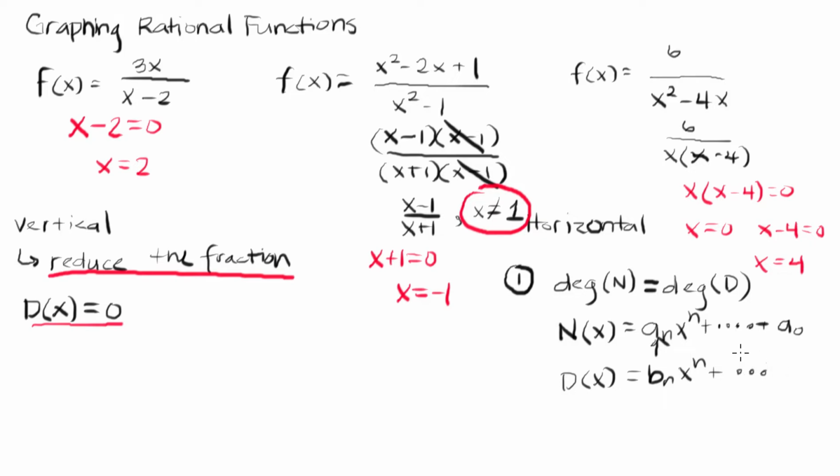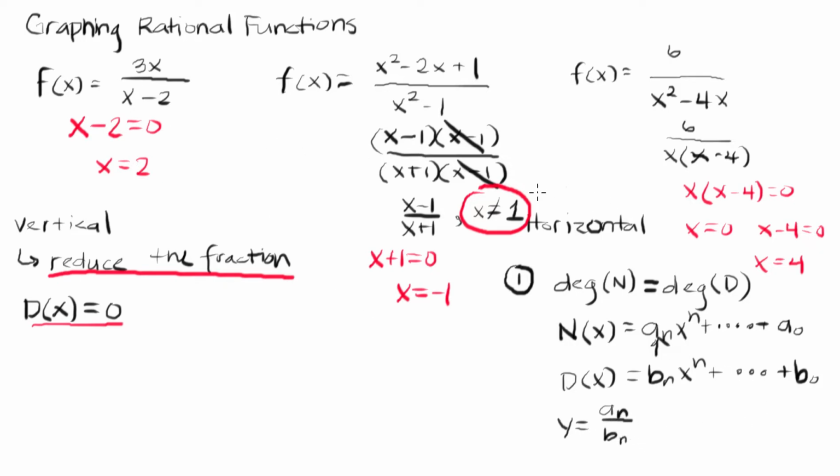Now, why are the n's the same? Because I said the degrees are the same, plus b sub 0. The horizontal asymptote is going to be y is equal to the lead coefficient of the numerator over the lead coefficient of the denominator.